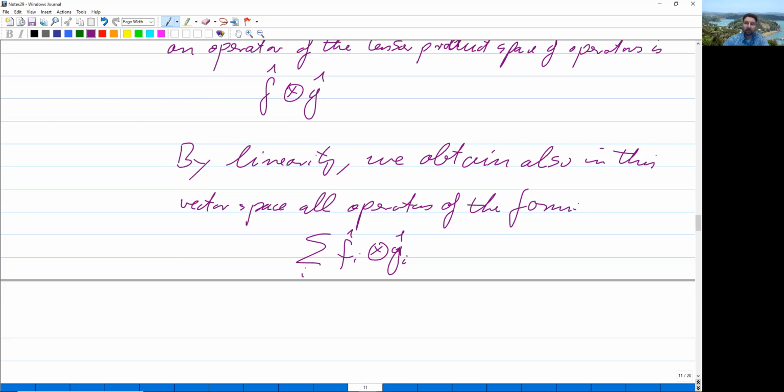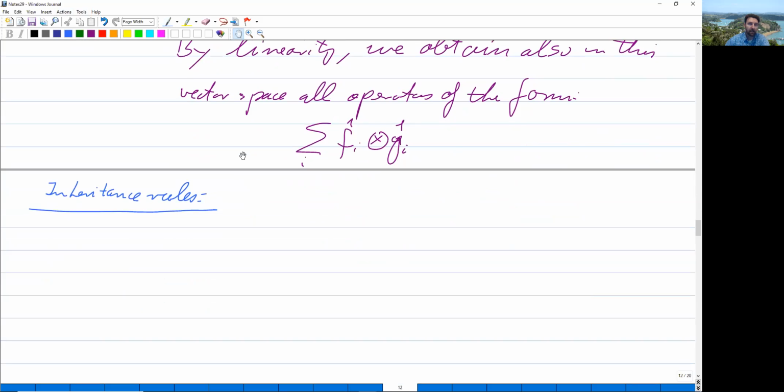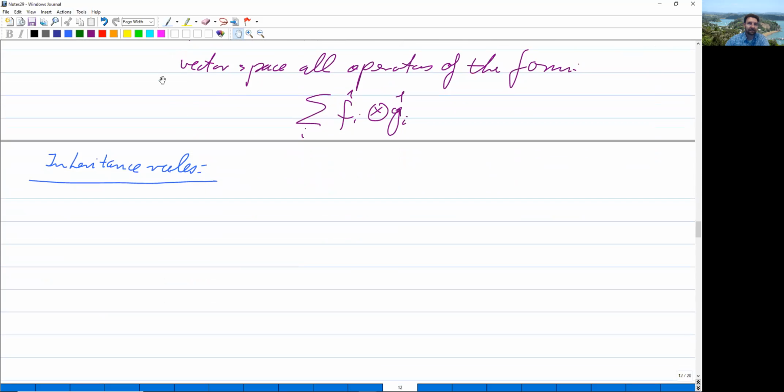Now, what are the rules applying to this? Well, again, there are inheritance rules. And this is really nothing new. We did this for the tensor product of vectors, and the tensor product of operators is exactly the same because operators are also vectors, but just in a different vector space, the vector space of operators.